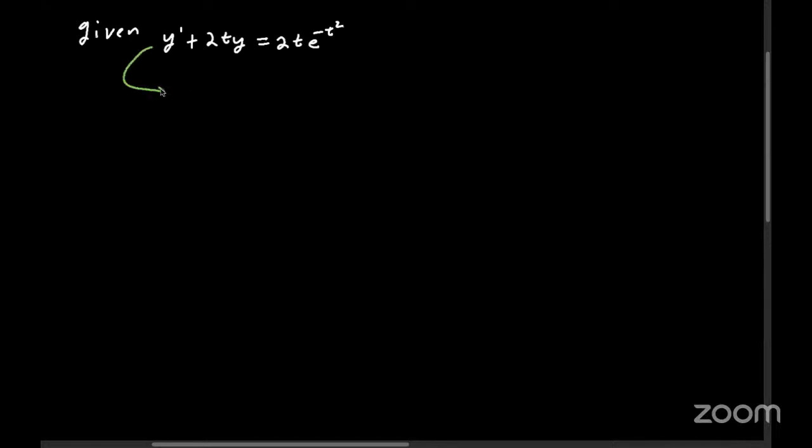So we're going to identify this as a first order differential equation. And I would say in that case, we can say, well, it does seem to have that structure. So our P of t is 2t, and our Q of t is 2t e to the negative t squared.